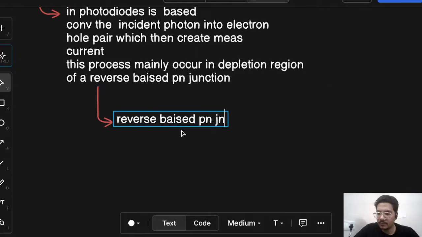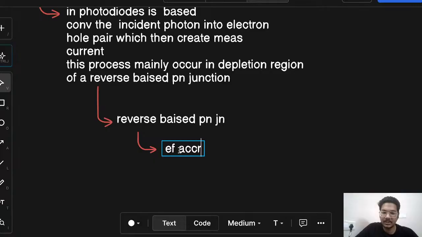When a photodiode is in reverse bias, the electric field across the junction widens in the depletion region.